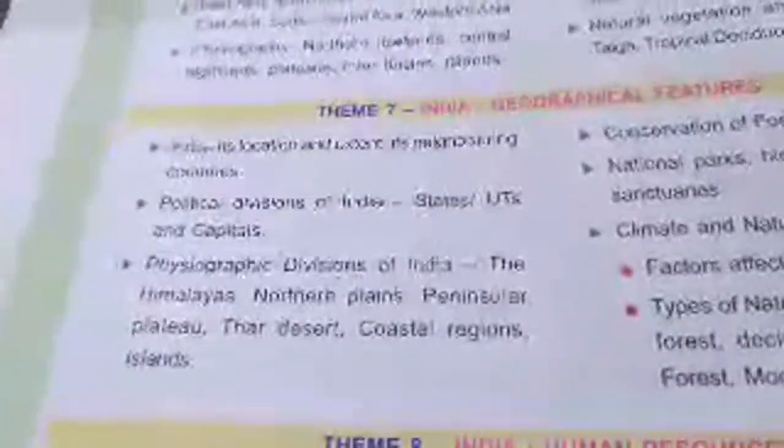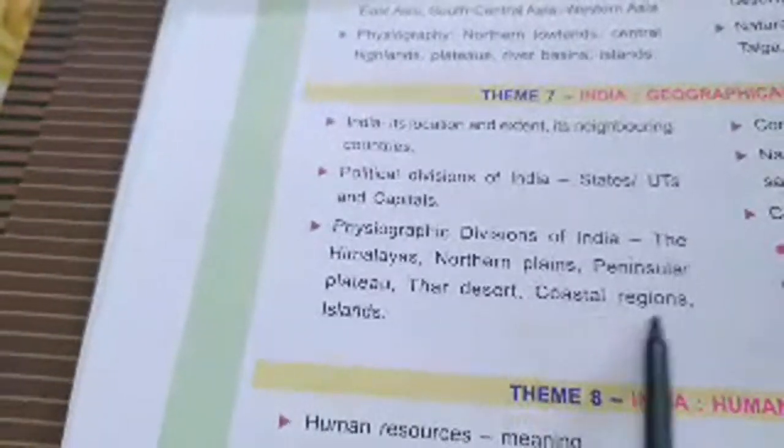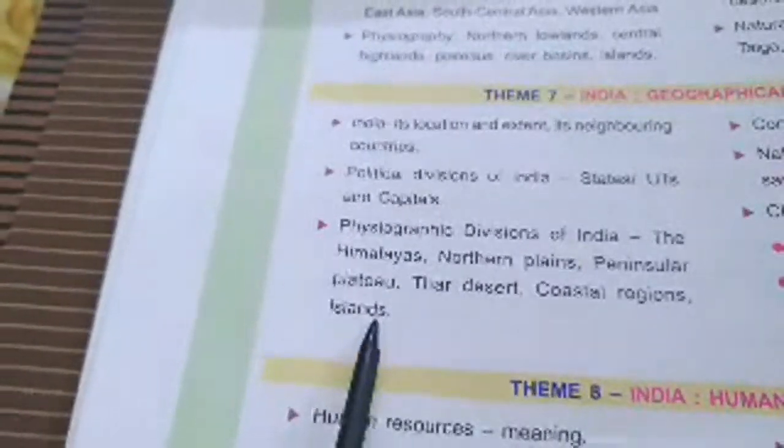and you will study about the physiographic divisions of India. As you can see here, the physiographic divisions of India: the Himalayas, northern plains, peninsular plateau, Thar desert, coastal regions, islands.